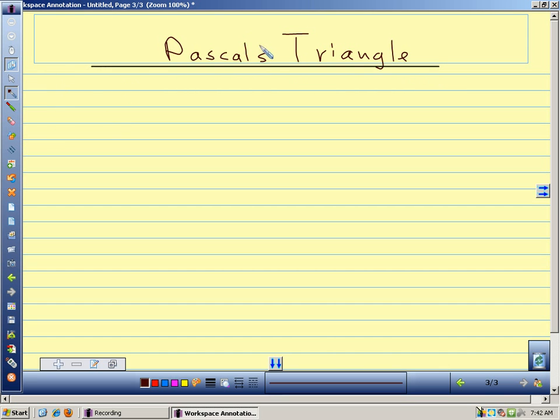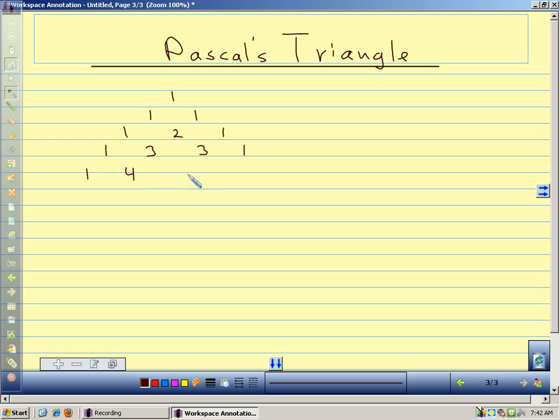So I'm sure you're familiar with Pascal's triangle. I'll just draw out a few rows. Coefficients of the degrees of the polynomial.